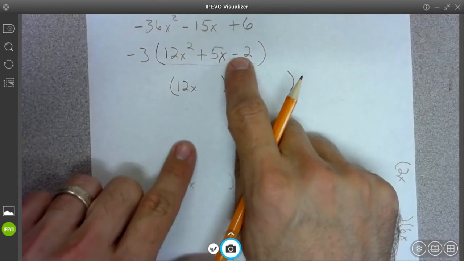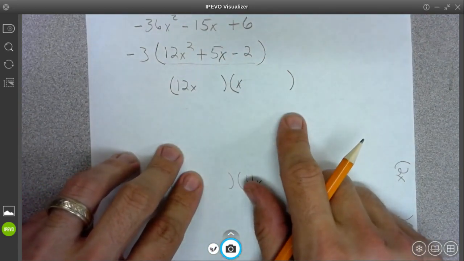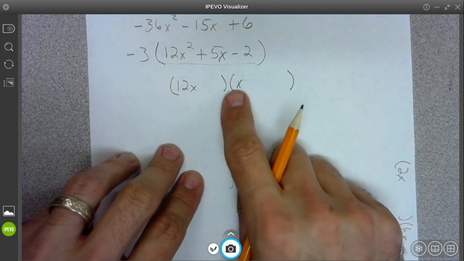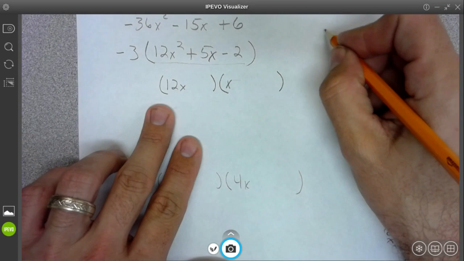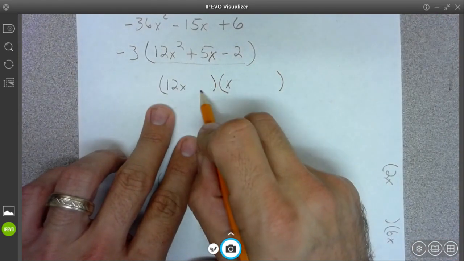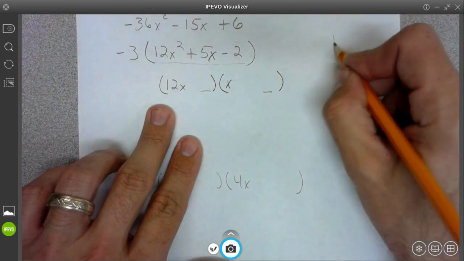We're going to have different signs, and we want the middle term to be a positive 5. So different signs is going to complicate things, but it's only a 2. So the only factors, these numbers right here and here, they have to multiply to give us the 2. So it's a 1 and a 2.